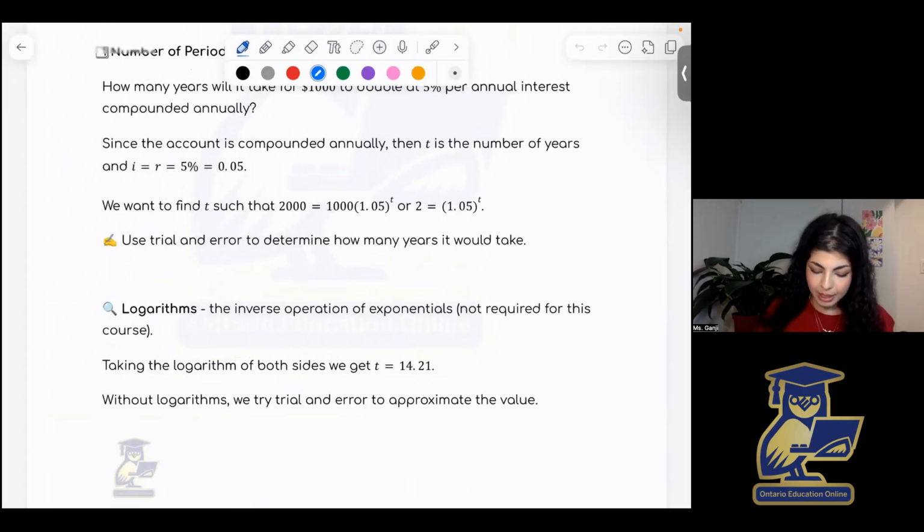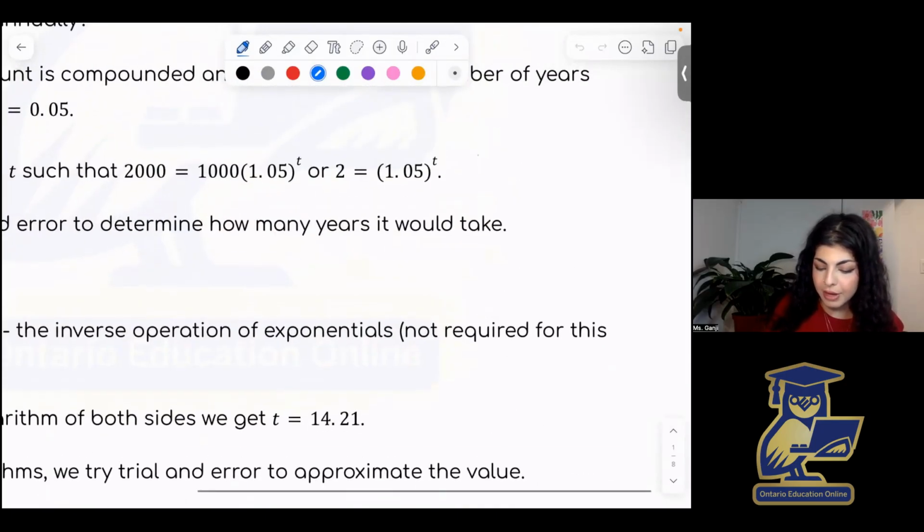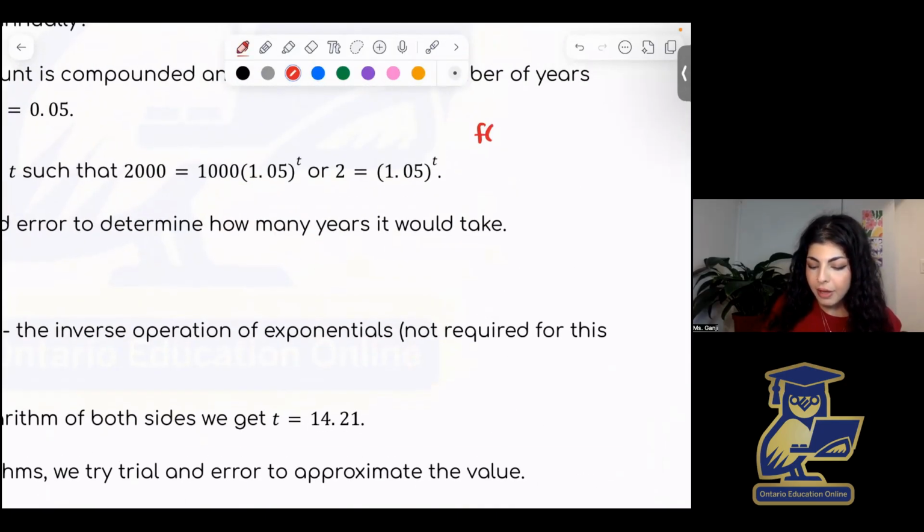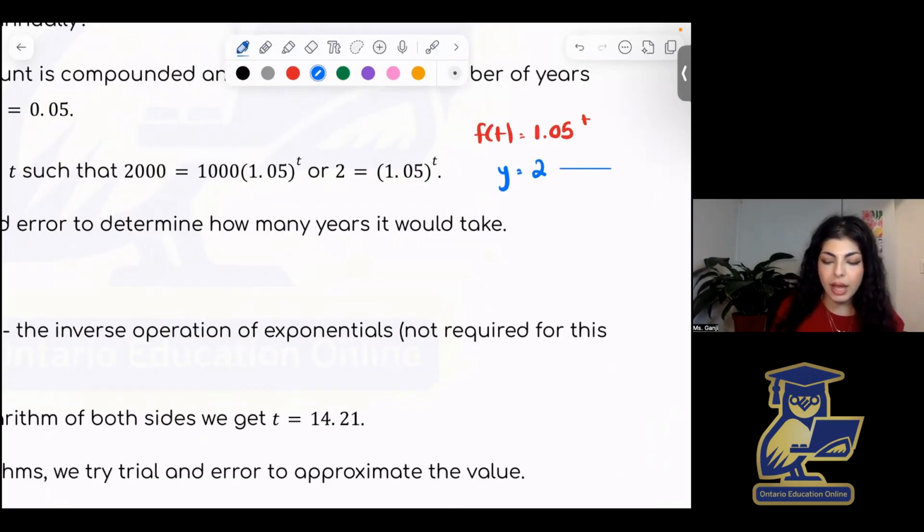I could say f of t is equal to 1.05 to the power of t, and then I also have y is equal to 2. So y is equal to 2 is going to be my horizontal line, which intersects the y-axis at 2. And this one here, the red function, is just an exponential function.